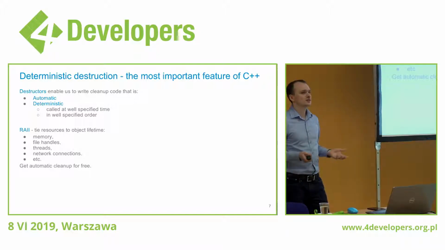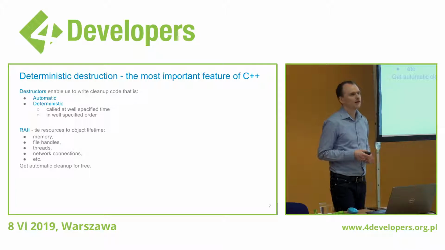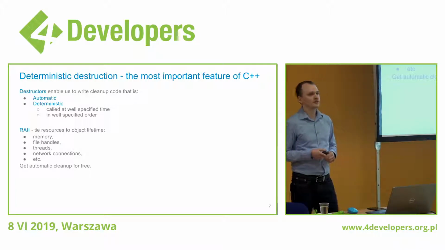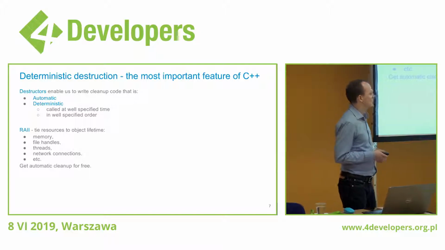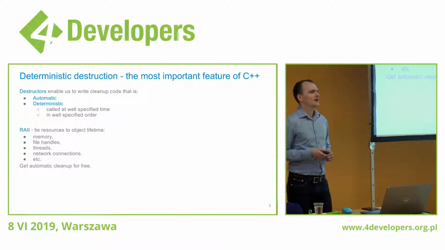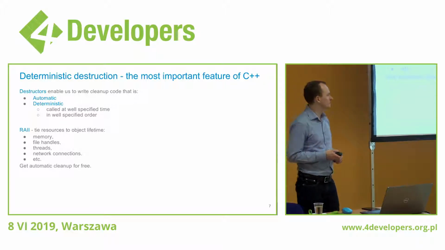And deterministically, so all destructors are called at a very specific time in a very specific order. So actually, this makes C++ much better suited for using exceptions than garbage-collected languages, where you don't have those properties.